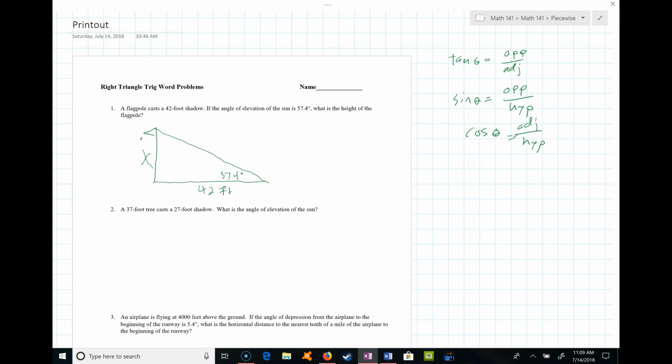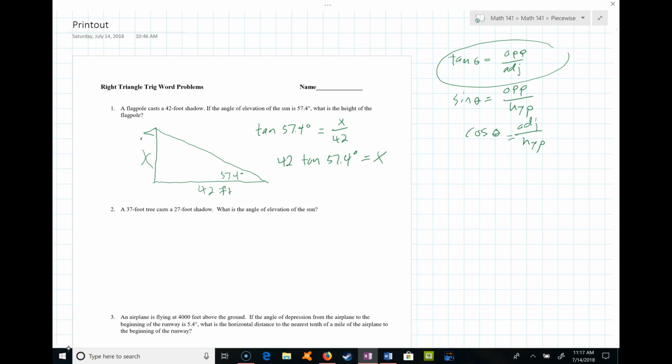In reference to 57.4 degrees, I know the adjacent side, and I want to know the opposite side. So opposite and adjacent are the two I want to relate, so that tells me I want to use tangent. So I'm going to write an equation using tangent. Tangent of 57.4 degrees is equal to opposite, which is x, over 42. To solve this, I just multiply 42 times tangent of 57.4 degrees, and that will give me my answer.